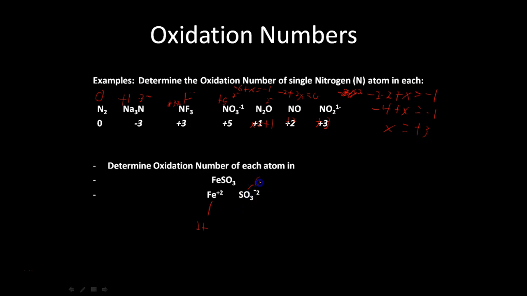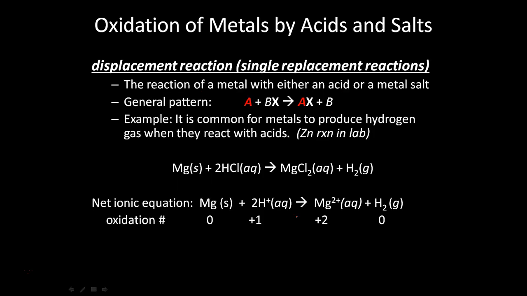We have oxygen, which will have a 2 minus charge, and each one of those is contributing 2 minus. So 3 times 2 minus is -6, and then we have plus x equals -2. If we solve this one, x has got to be +4, so that is the oxidation number on sulfur. So bringing this in, +2, +4, -2.